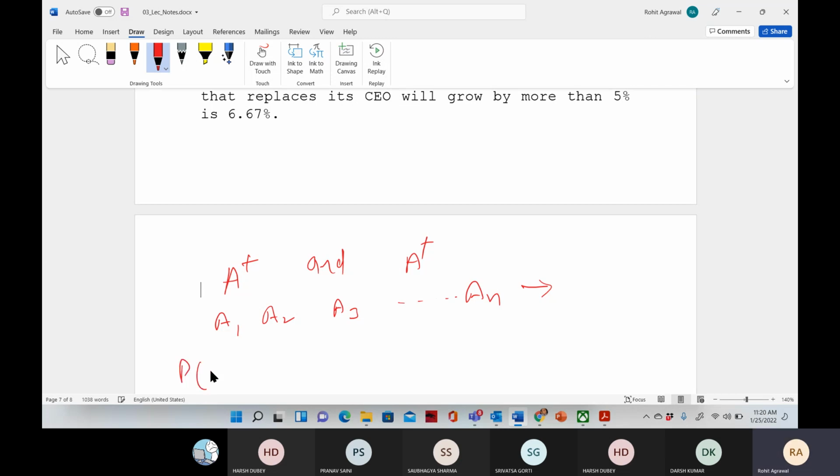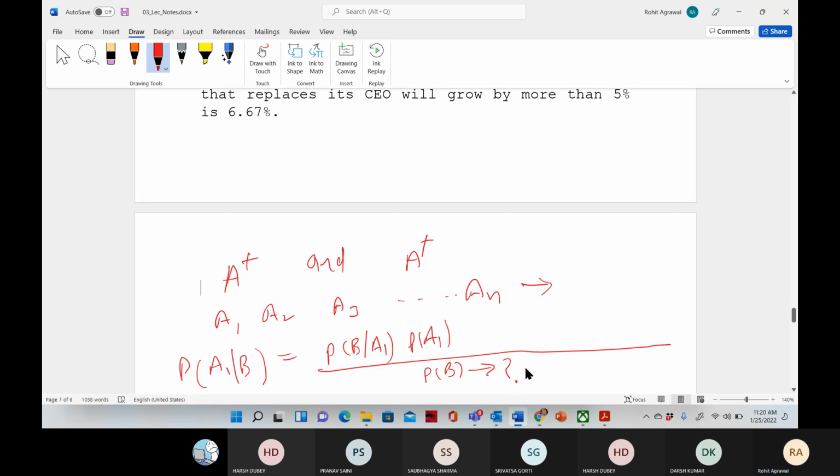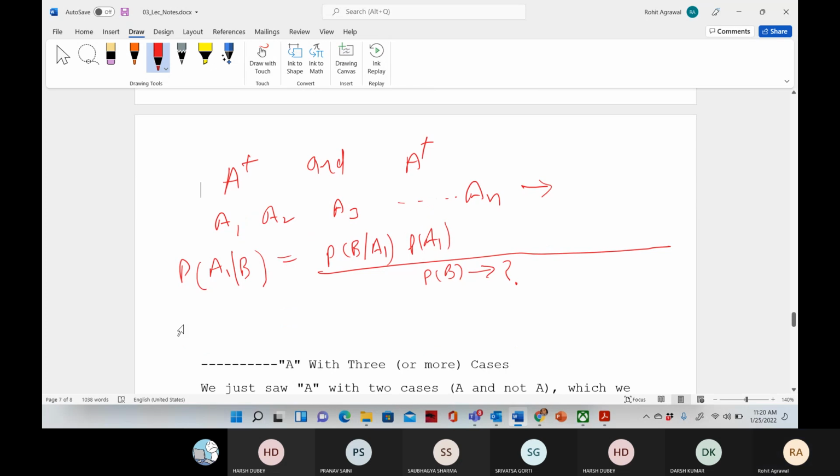Your formula, suppose you want to calculate p of a1 given b, it will be what? P of b given a1 into p of a1. ठीक है, and in the denominator what should be? Probability of b, but probability of b is unknown. So what will be this probability of b?